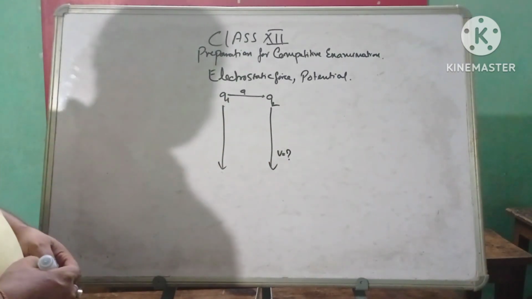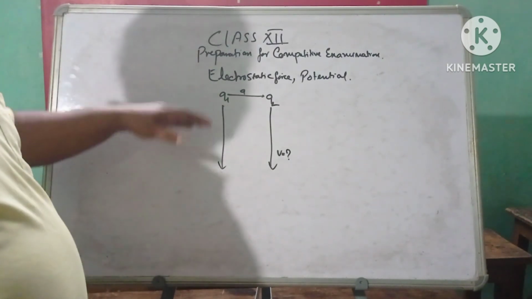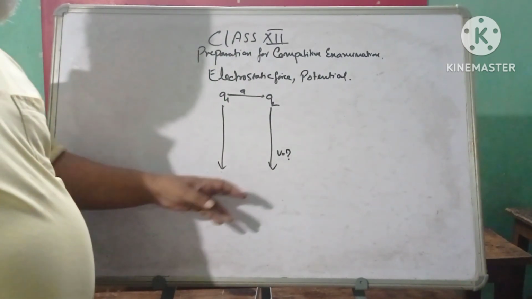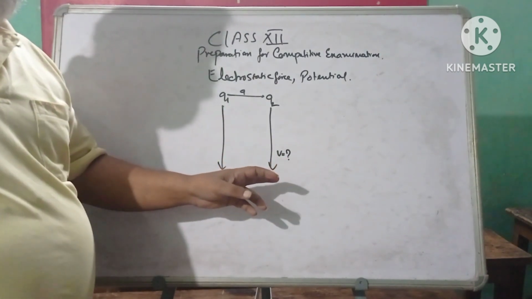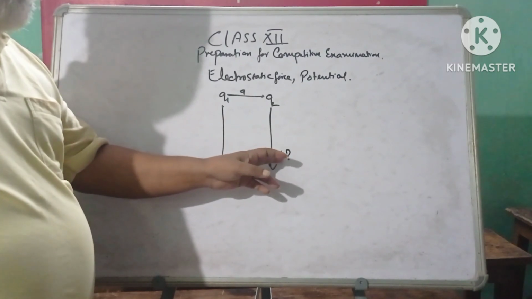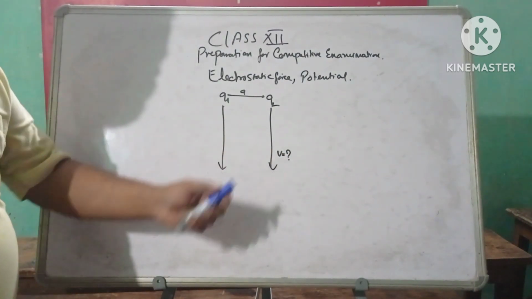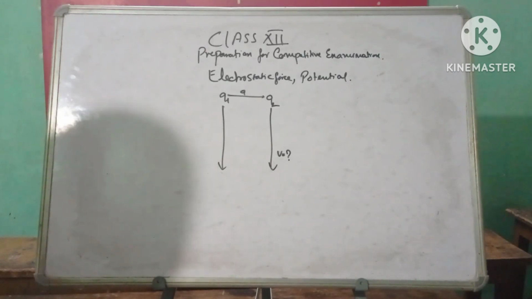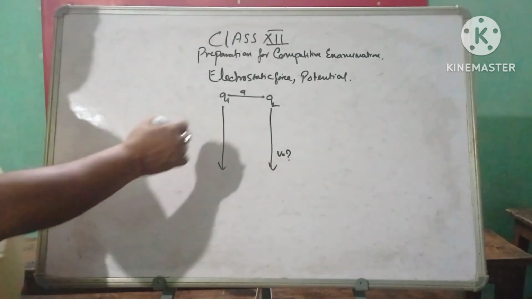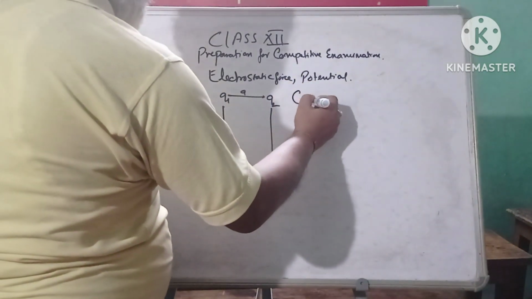In such questions, there are two charges Q1 and Q2 let to fall freely under gravity, and we have to find the final velocity V. How are you going to solve this question? We will go for conservation of energy.